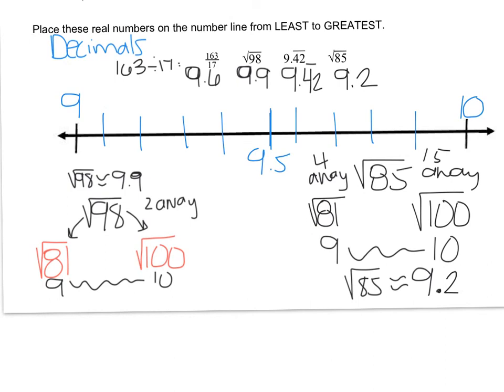And then we'll just go through and place them appropriately. 163/17 is 9.6. So you would put that right here. We said the square root of 98 is about 9.9. So we'll put it right there.